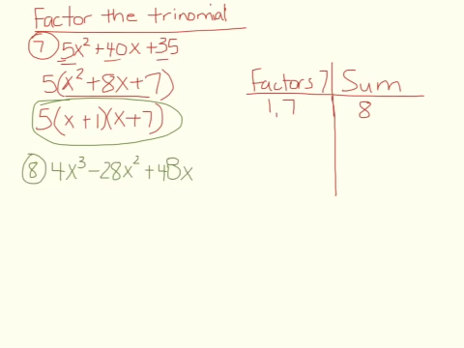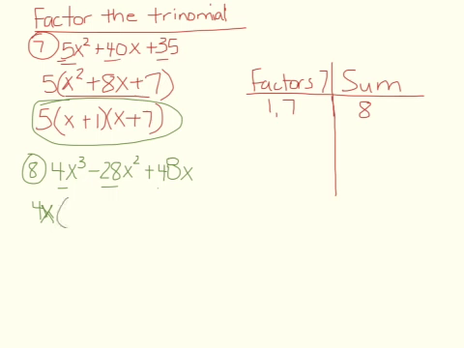Okay, number 8, I've got 4x to the third minus 28x squared plus 48x. Now again, to make this easier, if there's any greatest common factor, we should pull that out first. So I can see that the greatest common factor between these three is 4x. They have a 4 in common. 4 will go into all three of those, and they have an x in common.